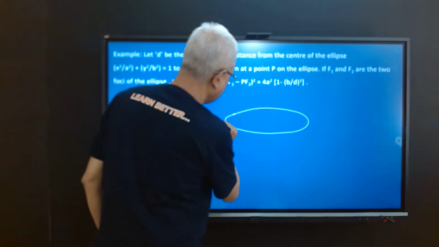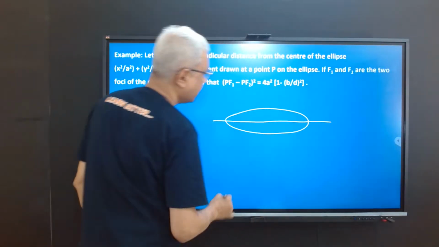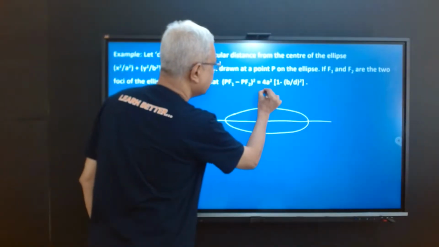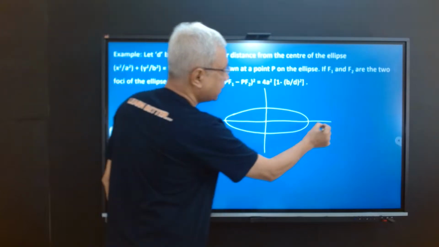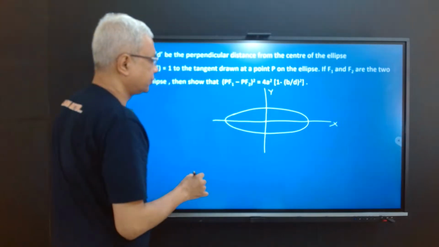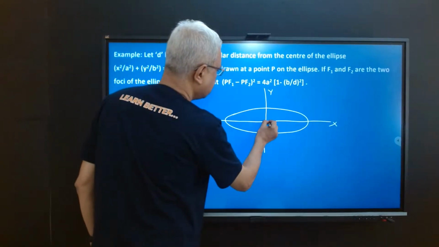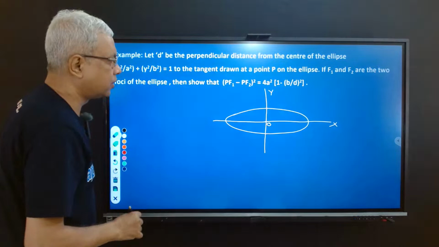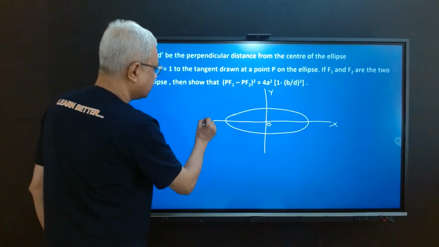So this is the ellipse. This is the x-axis. This is the y-axis. This is the center, which is nothing but the origin of the coordinate system, 0, 0.